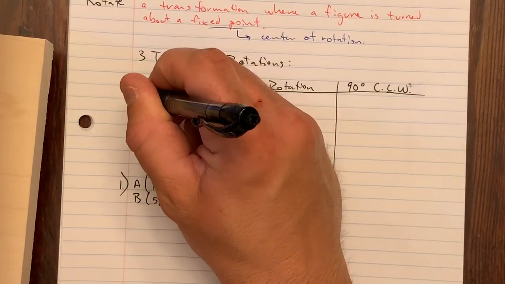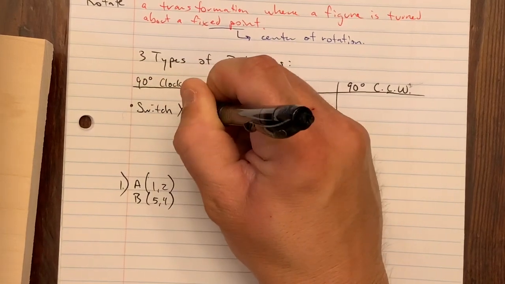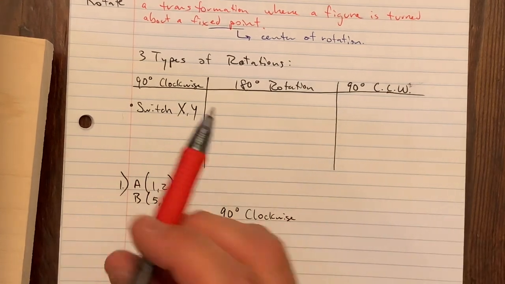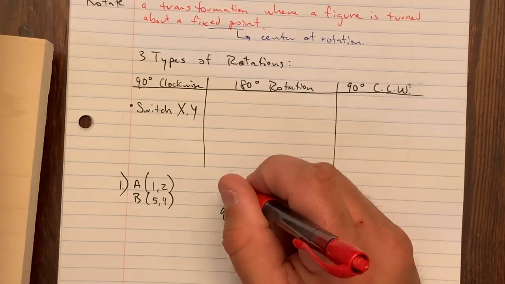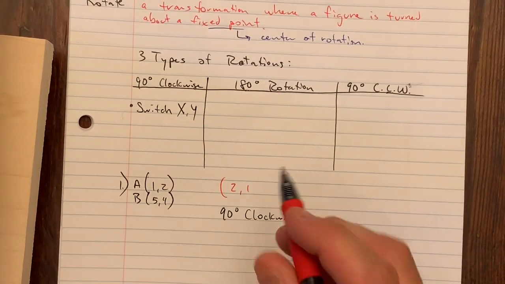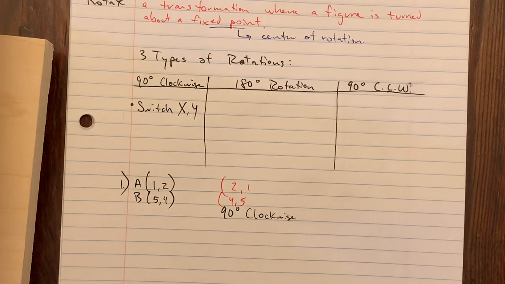The very first thing we need to do is switch the x and y. I just straight up switch them. So A becomes (2, 1). B becomes (4, 5).